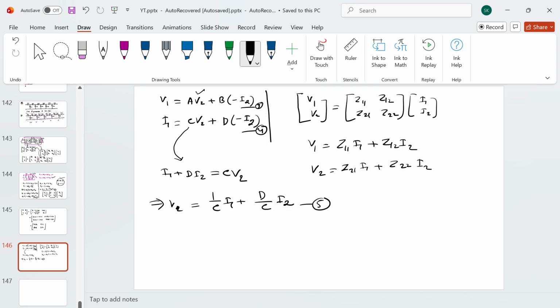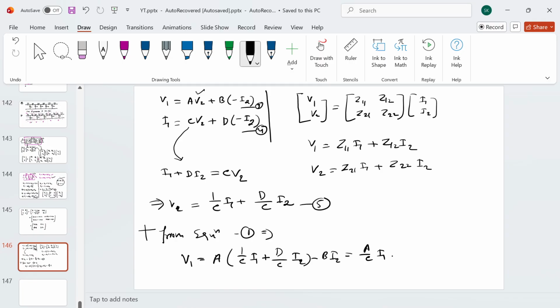Now put equation 5 into equation number 1. Okay. So put this value of V2 in this equation. V1 is equal to A times 1 by C I1 plus D by C I2, minus B I2. So what you are getting here is A by C I1 plus AD by C I2 minus B I2, right?